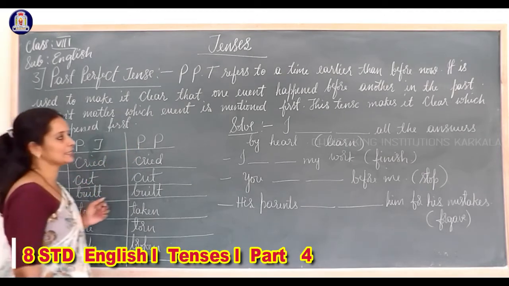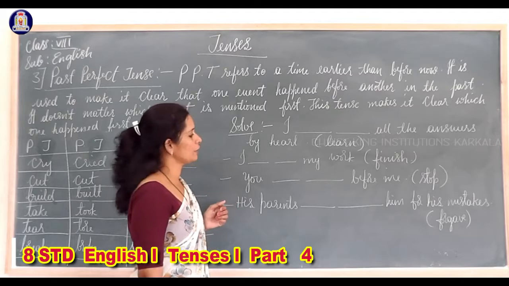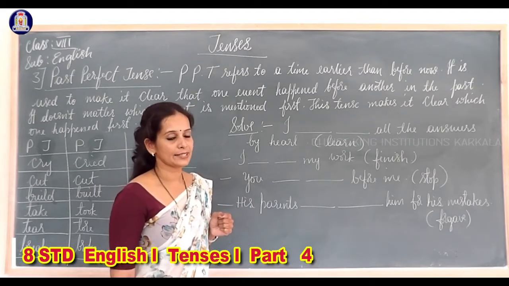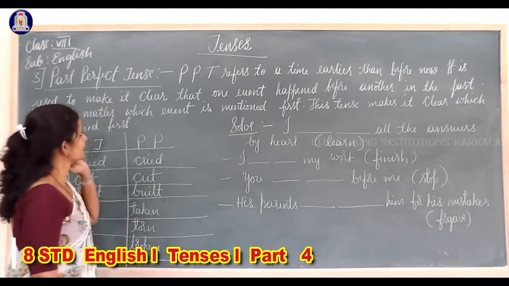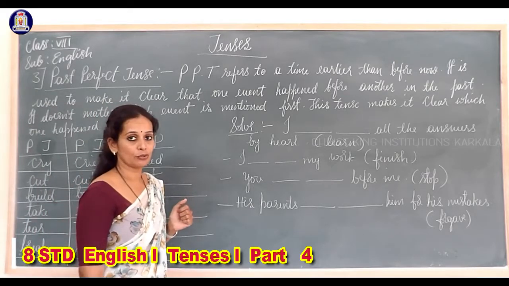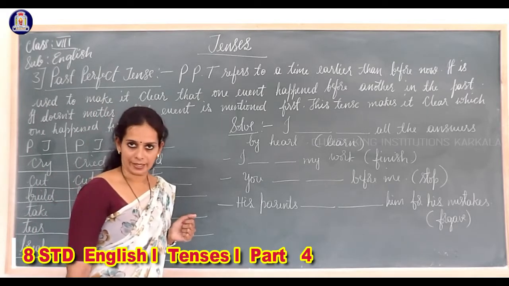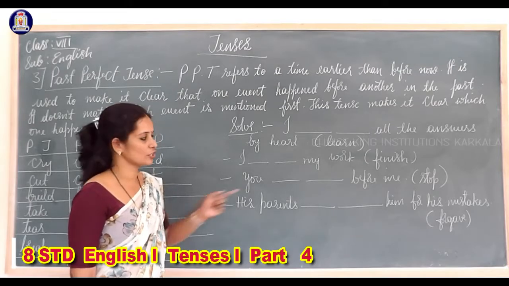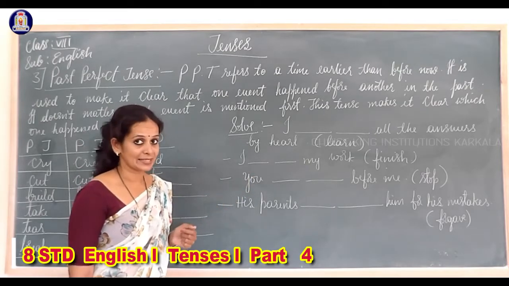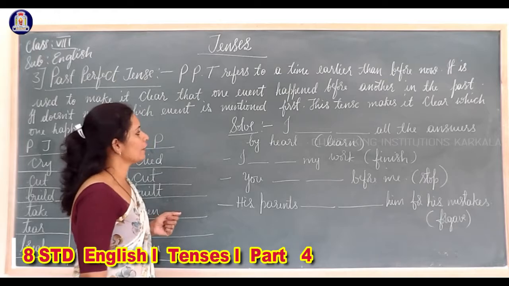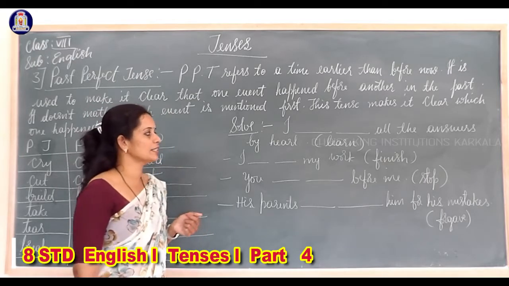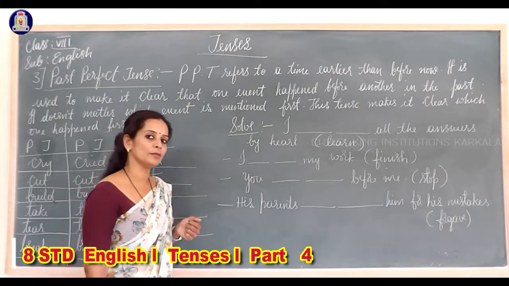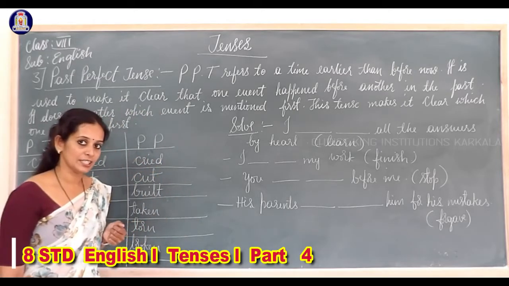Now, let us solve this. There are verbs given in the brackets that you have to change into past perfect tense. You have to fill up the blanks. Take the verb, change it into past participle. Clear? Now your first question is, I dash all the answers by heart. What is the formula that we have learnt?